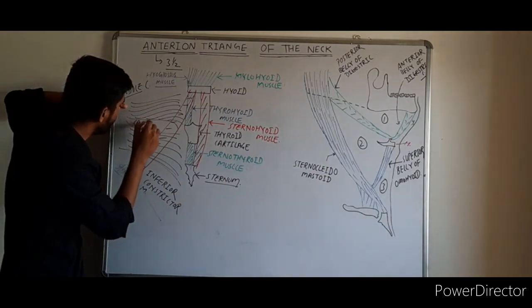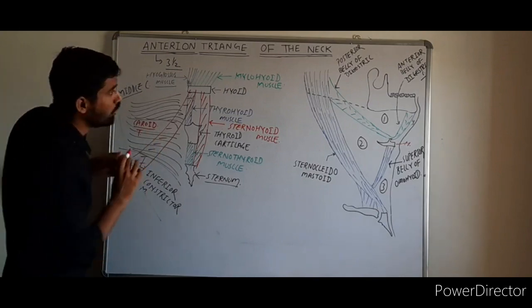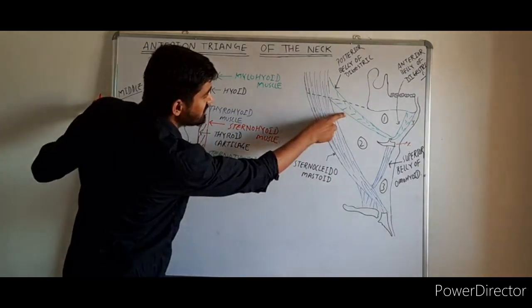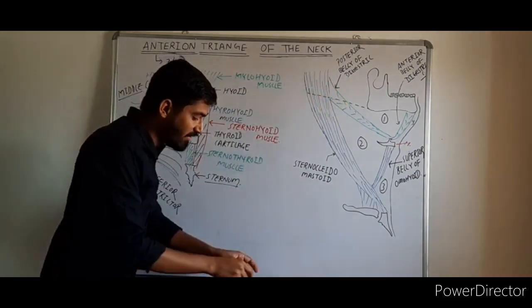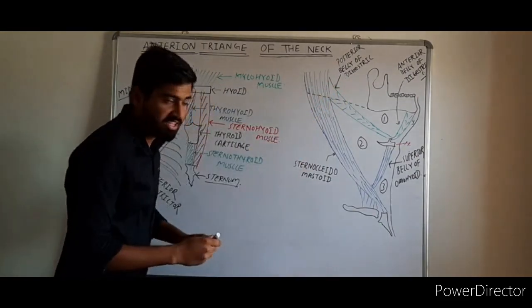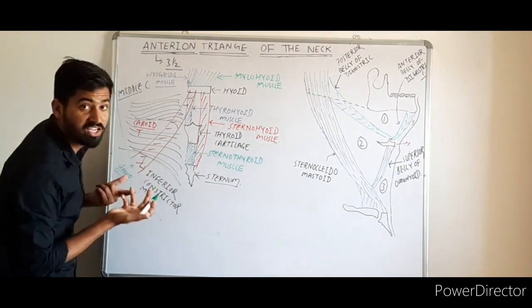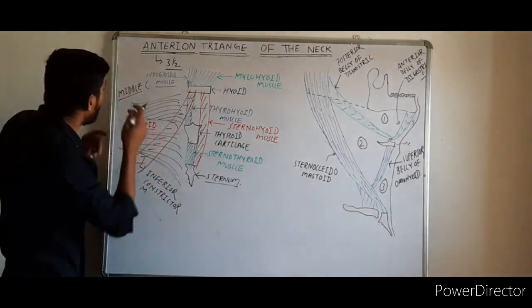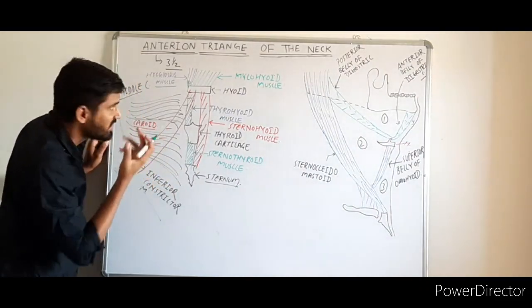Now, this is the carotid triangle. From here, this is the posterior belly of the digastric and that is the anterior belly of the digastric. I will explain it later when we write the boundary of every triangle. Now what we are doing here is trying to understand how to write the floor of every triangle.